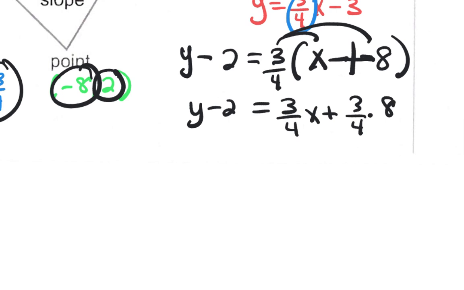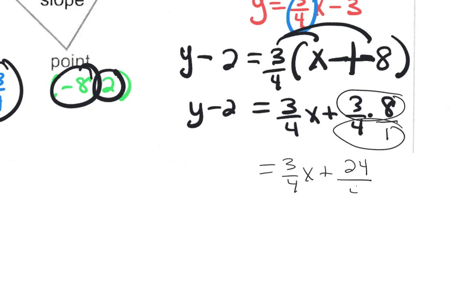So quick review over multiplying with fractions. Remember, you put them over 1, and then you just multiply across. So we end up with 3/4 x plus 3 times 8 is 24 over, and then we multiply across here, 4. So it's really 6. And then I'll just bring down the y minus 2.